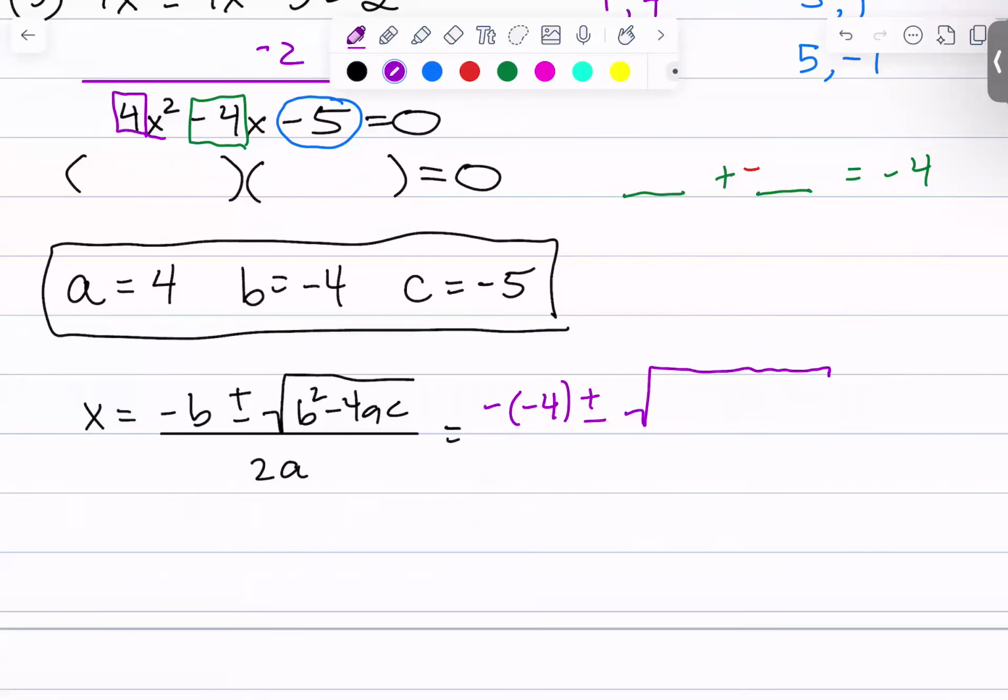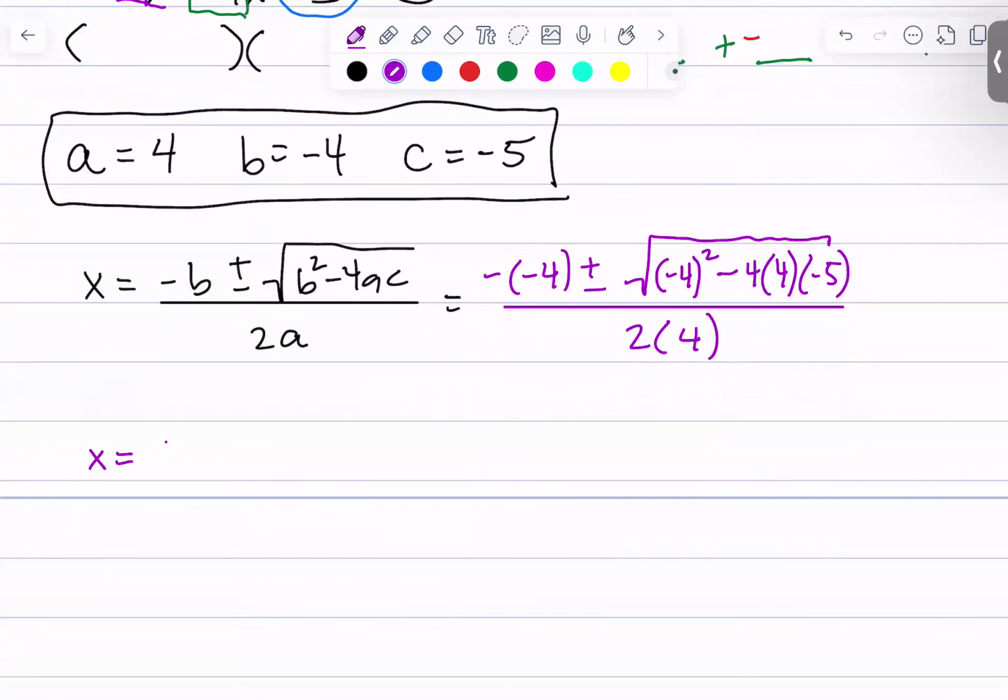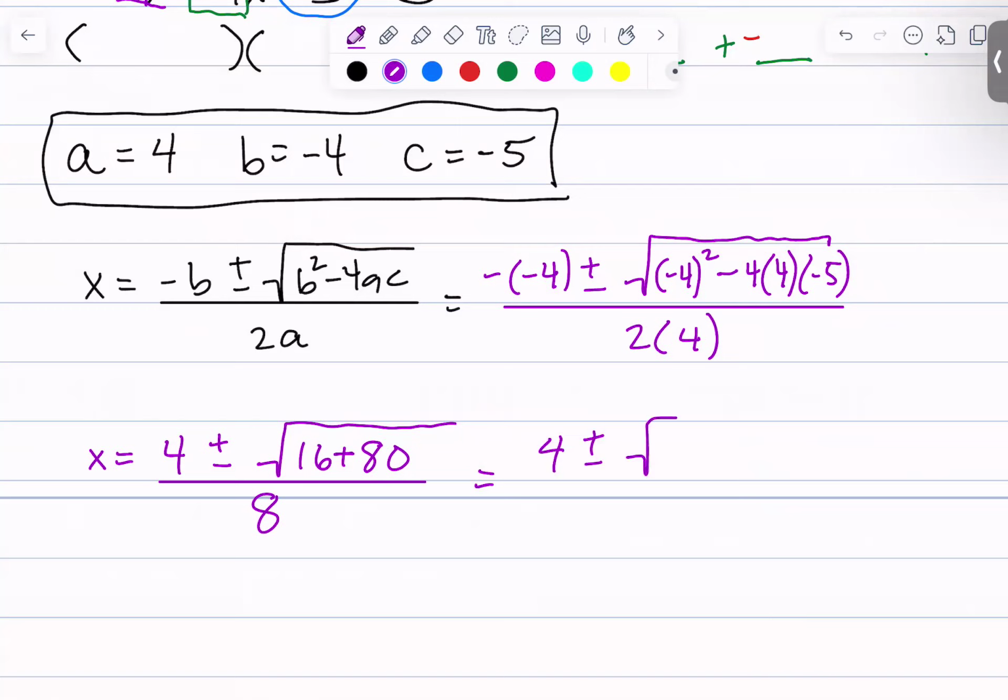Simplifying this out, that would be x equals positive 4 plus or minus the square root of 16 plus 80, not minus 80, but plus 80, all over 8. So this one would lead me to 4 plus or minus the square root of 96 over 8.